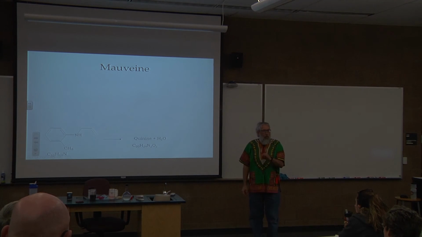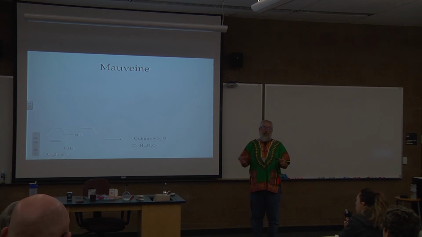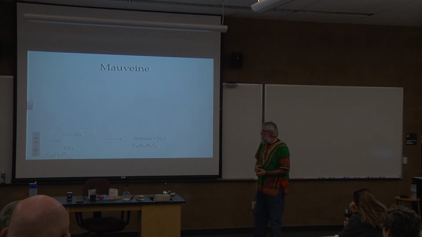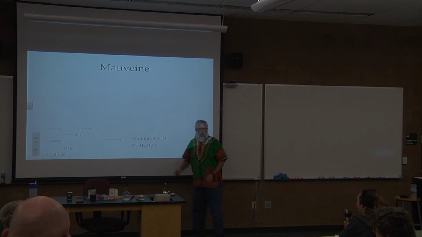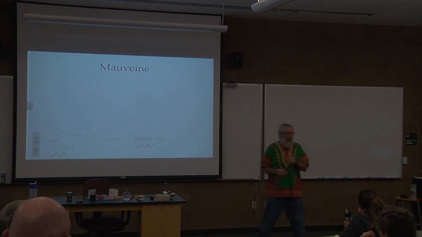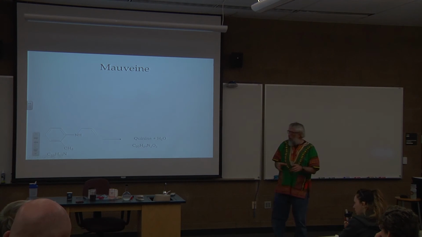Quinine at that time was known to be an effective anti-malarial drug. And malaria was a problem throughout the entire world, not just in the tropics. People could get malaria in England. Mosquitoes were there, right? As you look at the formula, C20H24N2O2, that's what was known about quinine at that time. Not the structure, but the molecular formula.